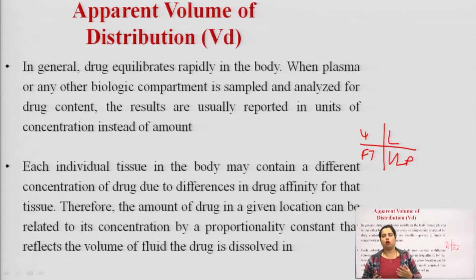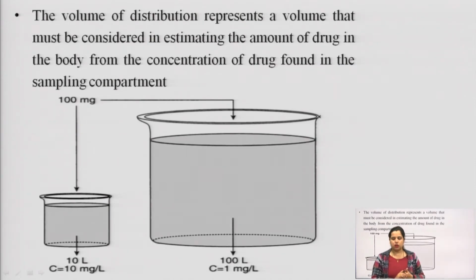For example, if we talk about the body as a single compartment, then for the overall fluid, whatever concentration of drug it contains, we can analyze the volume of distribution using the volume of the different compartments the drug is dissolved in. As you see, the volume of distribution represents a volume that must be considered in estimating the amount of drug in the body fluids from the concentration of drug found in the sampling compartment.